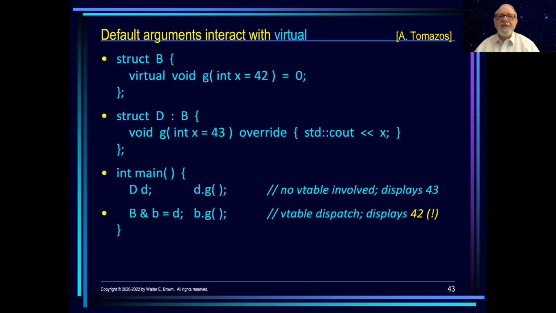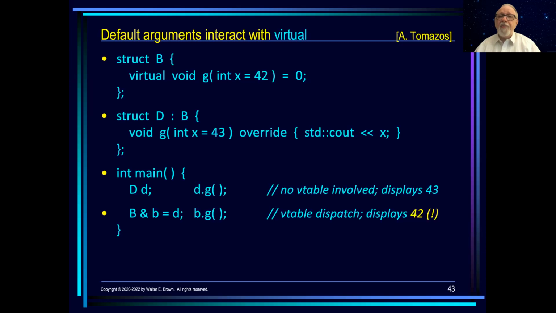Now, let's initialize a variable B as a reference to the base, but we'll initialize it with D. We'll call b.g. Well, now we're doing a dynamic dispatch because we have a reference involved.